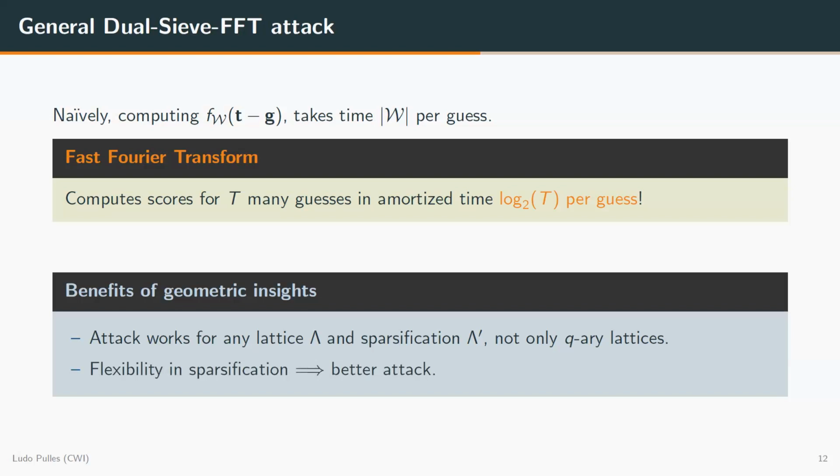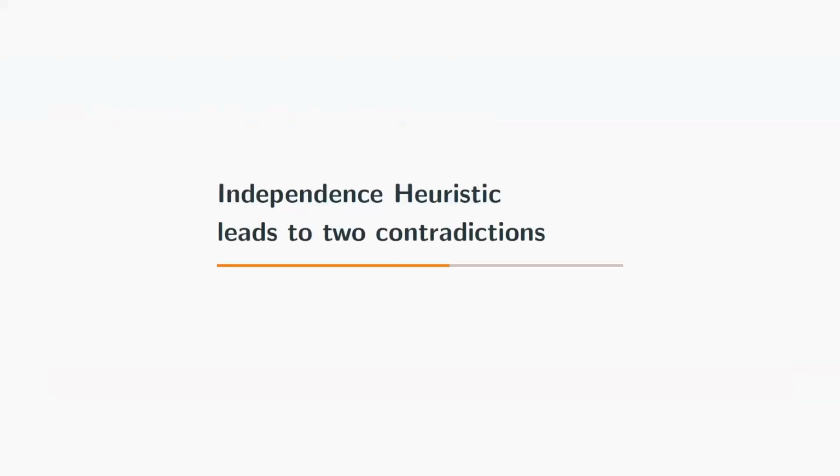And with this flexibility of the sparsification, we show that we can improve this attack a little bit, and that's in the paper. However, what's more important for now is that we show that this independence heuristic that is used in the score function leads to two contradictions.